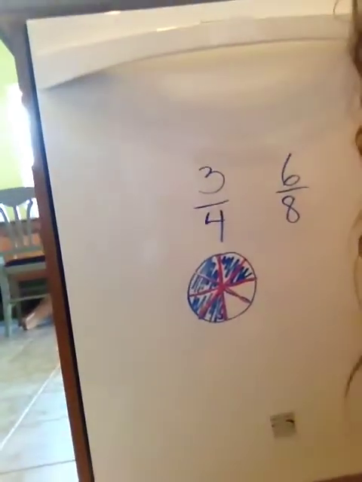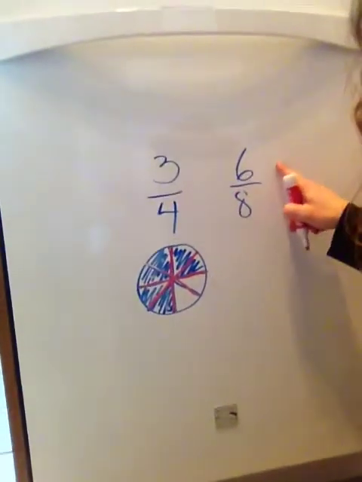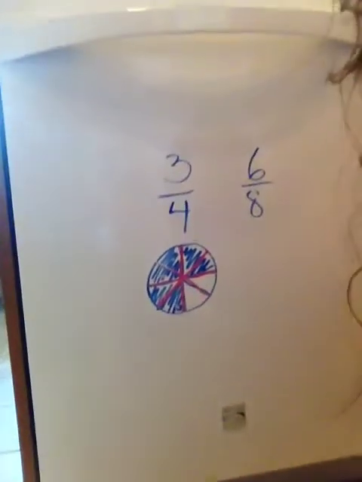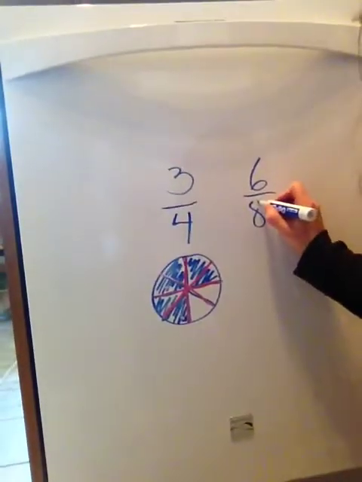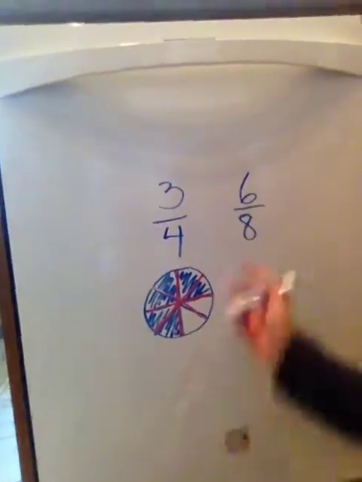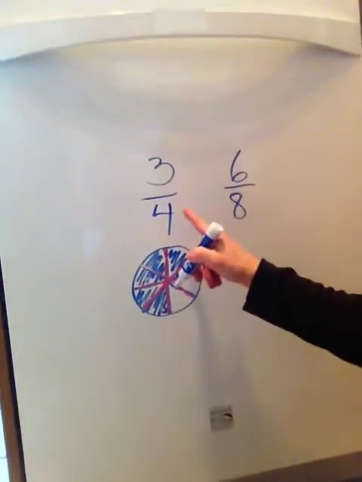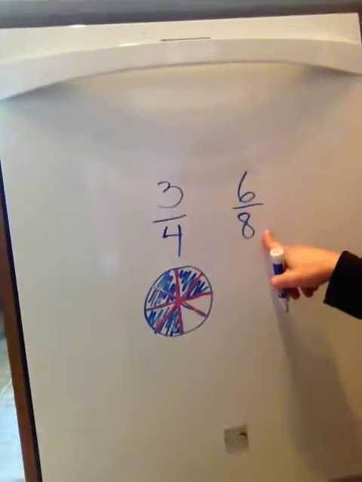So 6/8. Remember, the 8 means how many pieces it's cut into, and the 6, the numerator, is how many pieces we have. So 6/8 and 3/4 are the same. 3/4 is just the reduced version of 6/8.